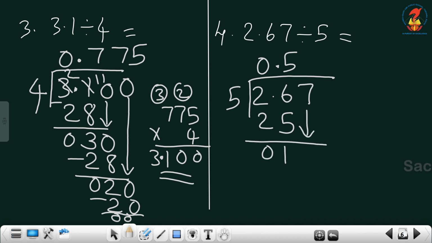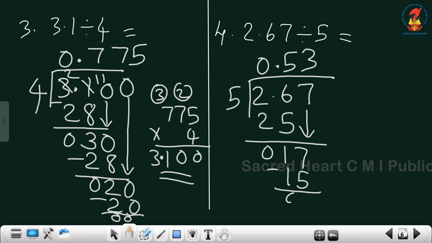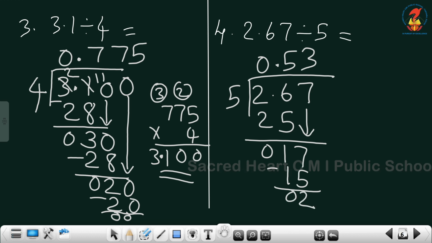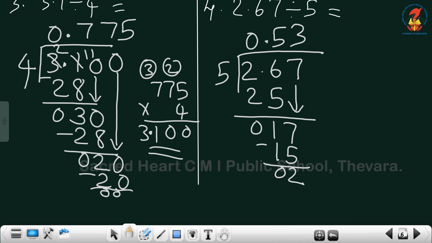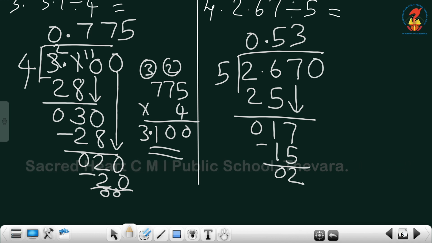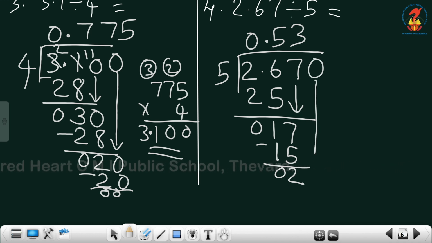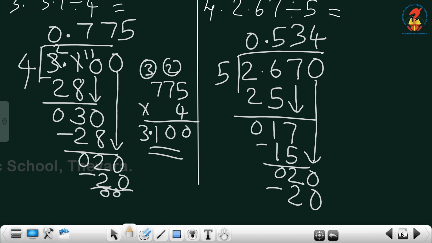And the next digit down: 5 3s are 15 and the remainder is 2. Our aim is to make the remainder 0. I need to add one 0 in the dividend. After that I can take this 0 down. It will become 20, 5 4s are 20 and the remainder is 0.